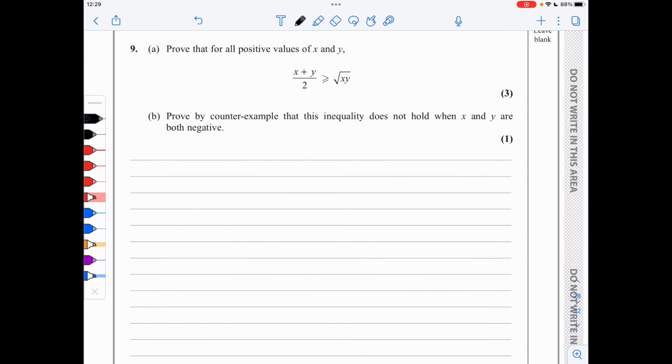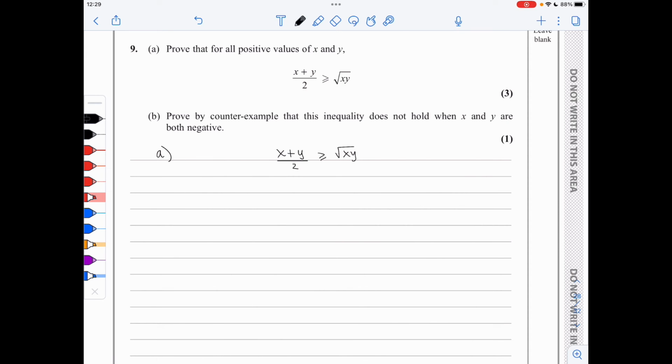Question 9, it's a proof question. We need to prove that for all positive values of x and y, we've got this inequality holding true. I don't really have a starting point, so I will start from what I need to prove to be true. So I say x plus y over 2 is greater than or equal to the square root of xy.